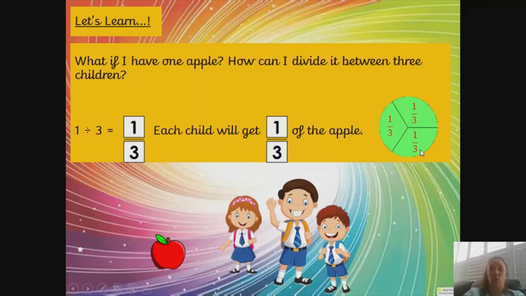So each child will get 1/3 of an apple. Because we've got 1/3, this is 2/3, this is 1/3. It makes 3/3, which is 1 whole apple. 1 whole, okay? This is 1/3. So each child will get 1/3 of the apple.